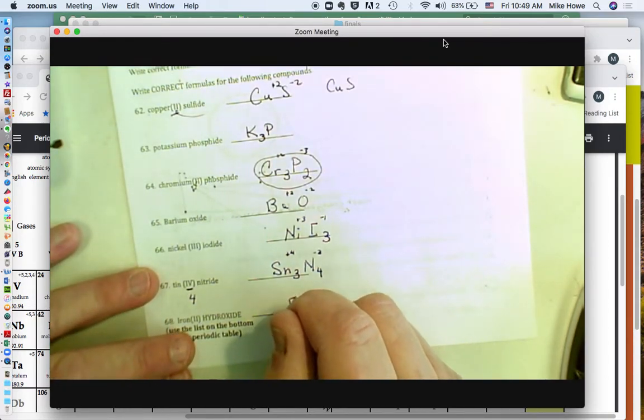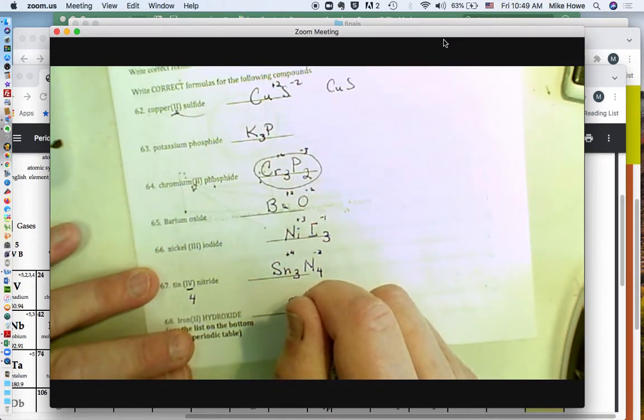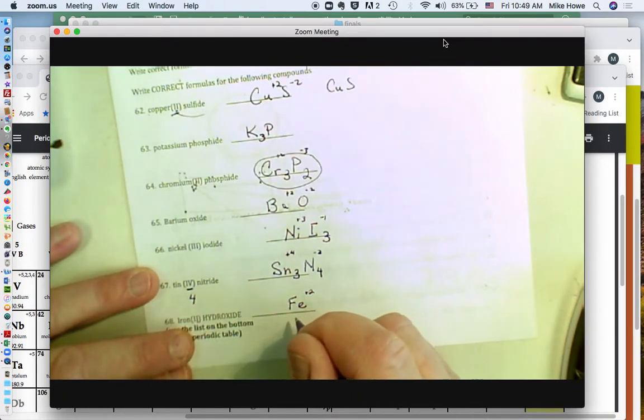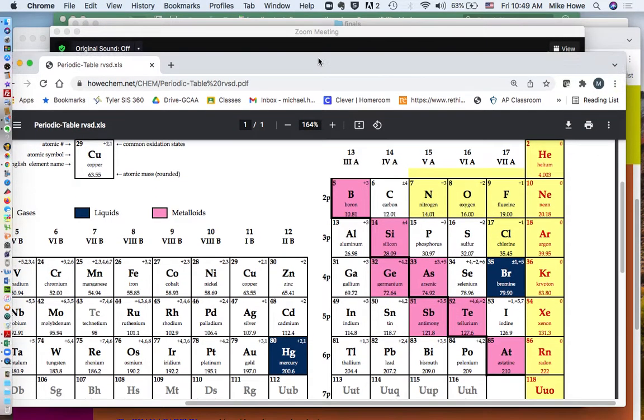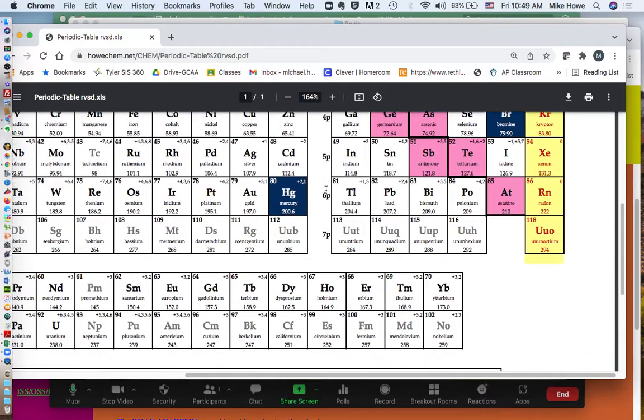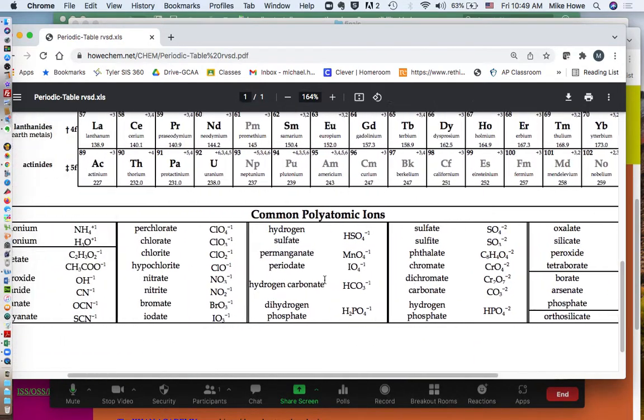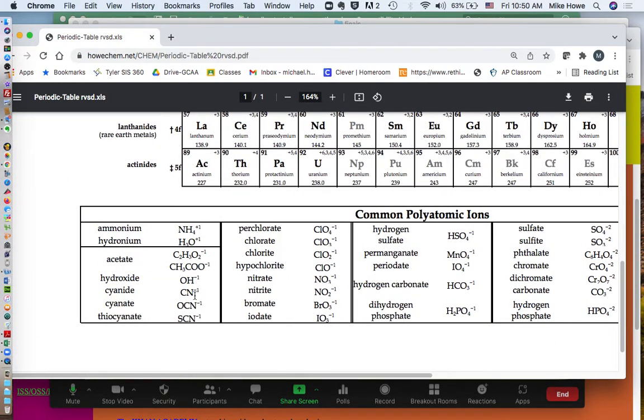Iron 2 hydroxide. Iron is +2 because that tells us that. Hydroxide is a polyatomic ion. You have to remember that that is a weird thing, because normally IDE means a plain element, but hydroxide and cyanide are two that end in IDE that still are polyatomic ions. So hydroxide's OH with a -1 charge.